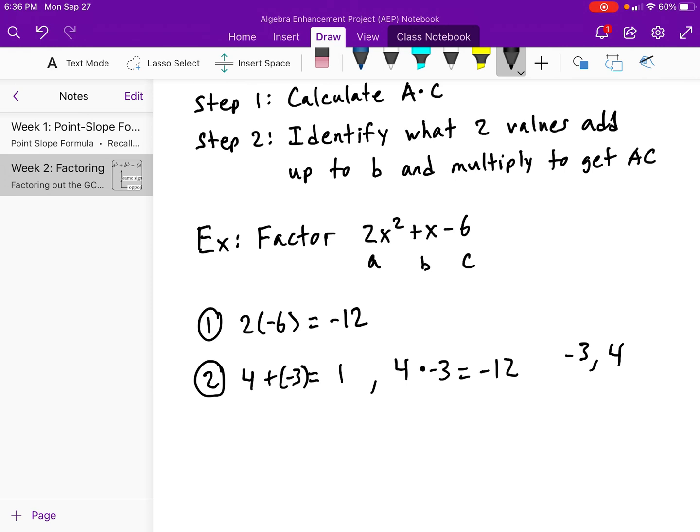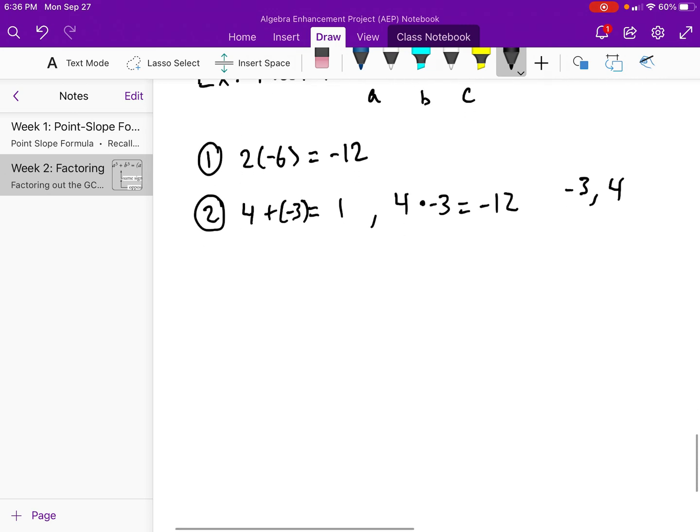Okay, so now here's where things get a little bit odd, or at least I wasn't able to explicitly write them out as steps for our method. So what I'm going to do is create this little 2x2 box.